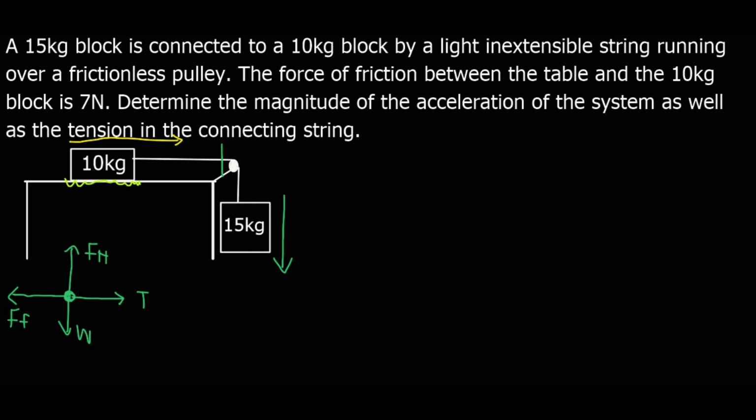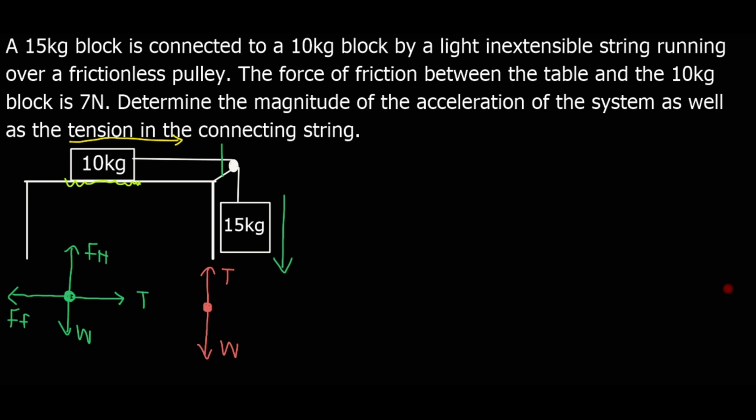And then now our free body diagram for this 15 kg block. This object moves downwards because of gravity, which is always downwards. So we have a weight force, and then a tension which is upwards. So this is our free body diagram in this way.